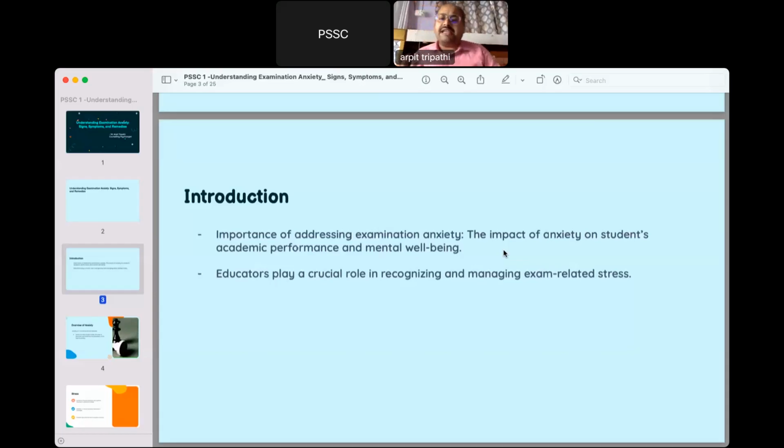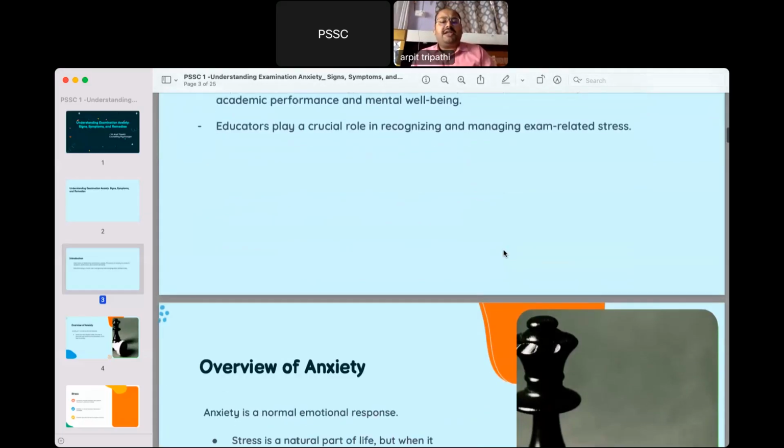Any child who faces examination anxiety shares a few symptoms with their teachers and parents. They are the first people who, as a barefoot counselor, can provide support to the children, to the parents, and to anyone facing a concern, so they can deal with their exam-related stress in a positive manner. That is very important for all of us to understand.